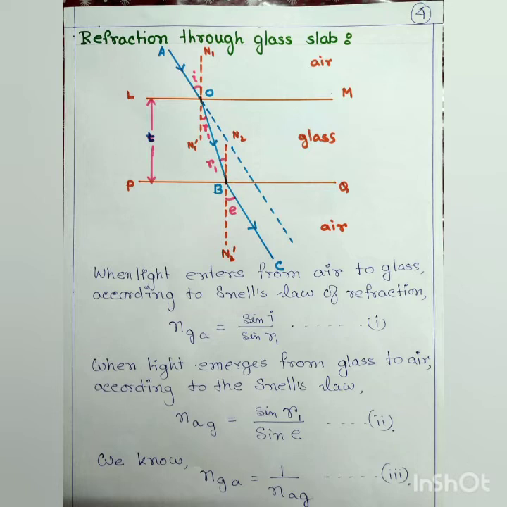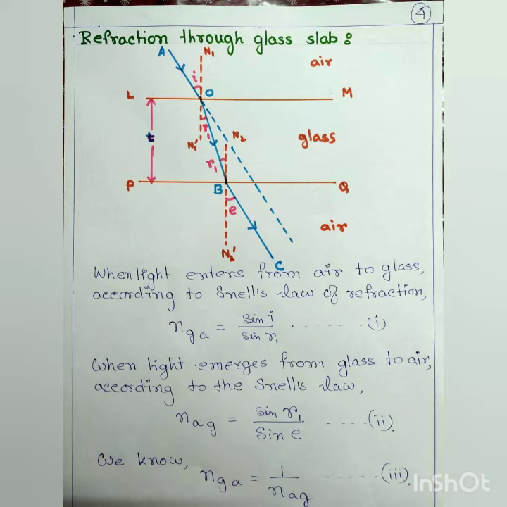Now see very carefully, at the point O the refracted angle is R1 and at the point B the incident angle is also R1. Why? Here both the normals are parallel to each other and both the angles are alternate interior angles to each other. Therefore, they are the same.